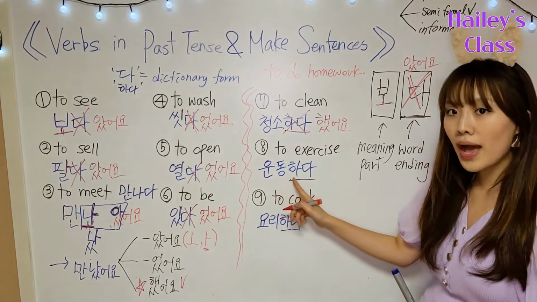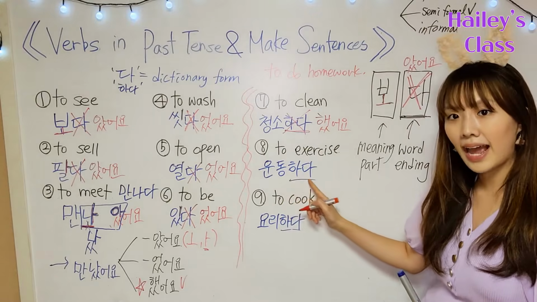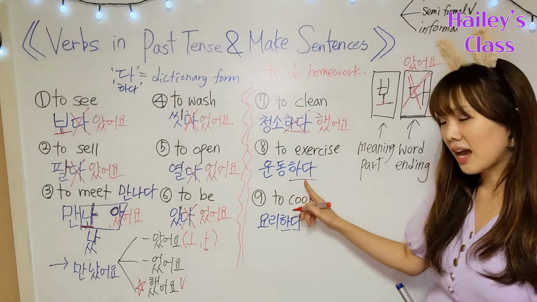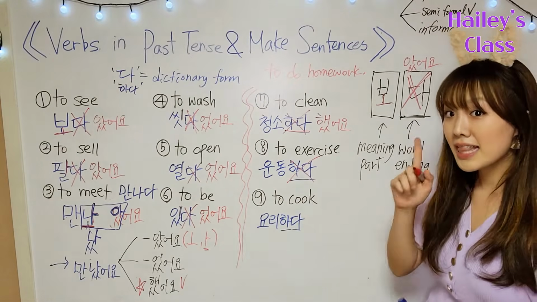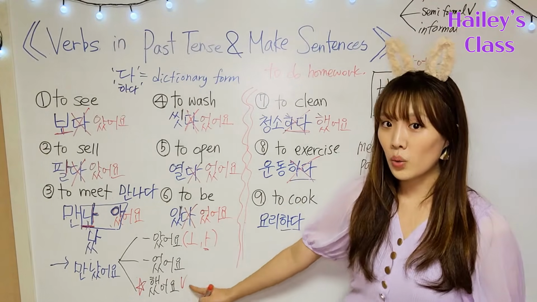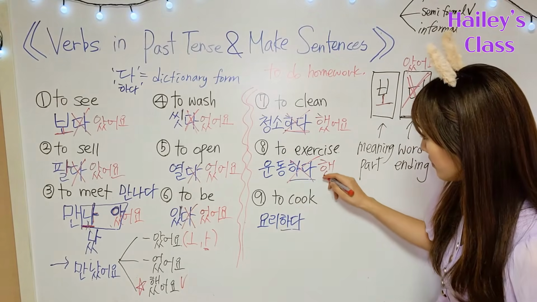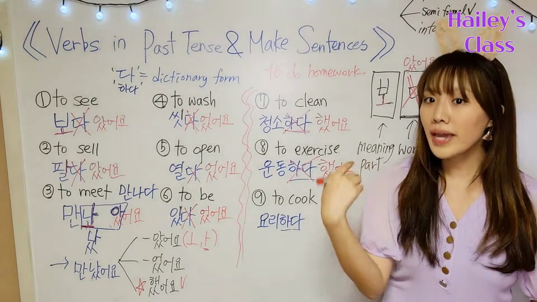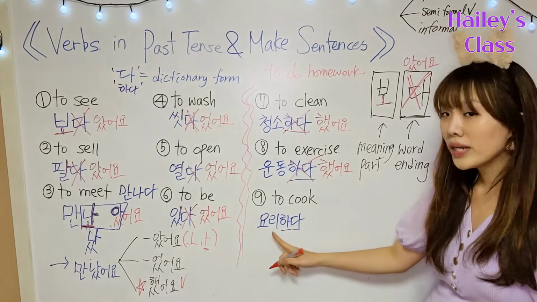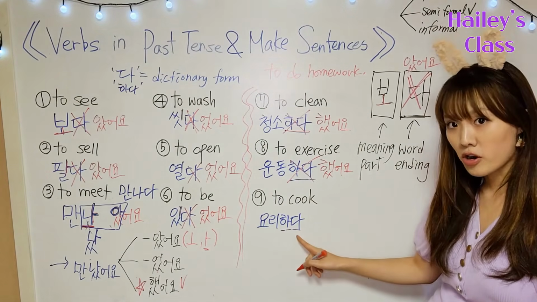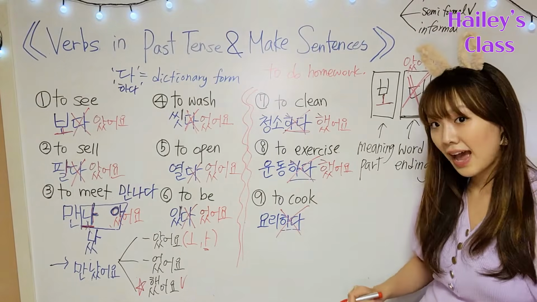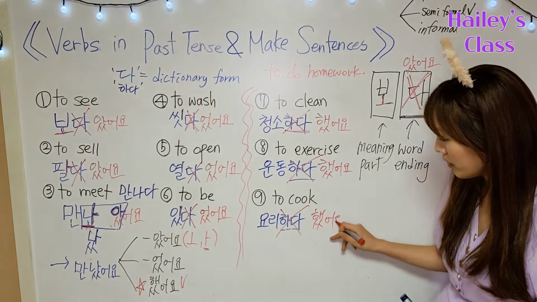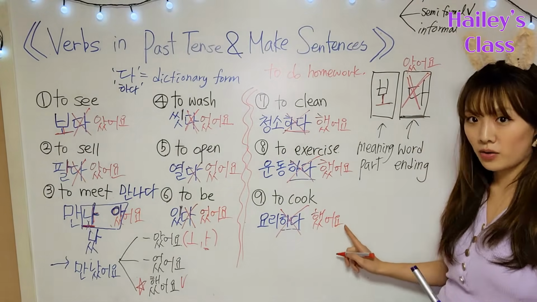And then 운동하다. Do exercise. This is 하다, so we delete the 하다 and put 했어요. 운동했어요. And then 요리하다. This is a 하다 part, right? We delete the 하다 and put 했어요. 요리했어요.